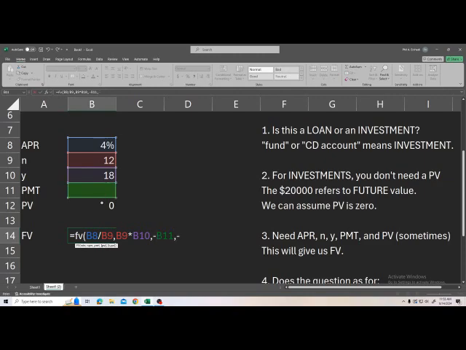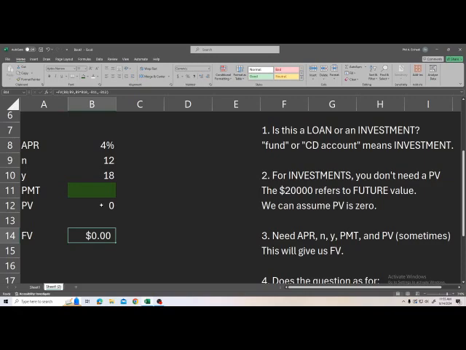Comma, negative principal value, that's B12, we know that's 0. We'll press enter, and the future value right now will say 0, but we will now goal seek this to the future value we wanted. Now the future value I've already written down here in step 2. That's $20,000. So we will goal seek our future value to $20,000.